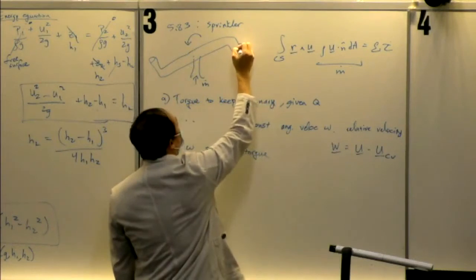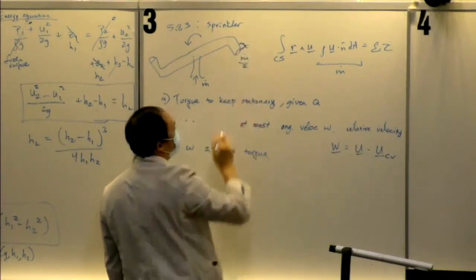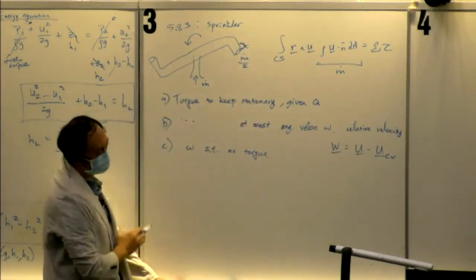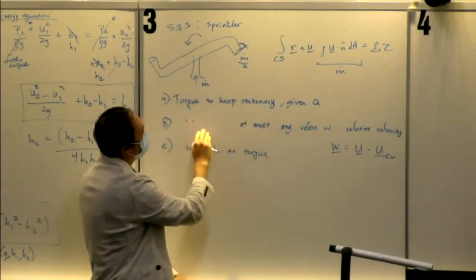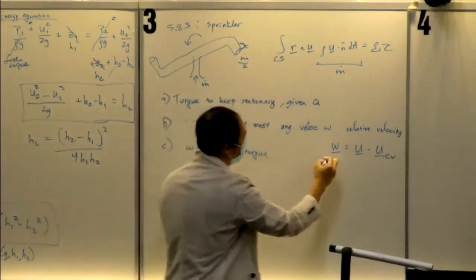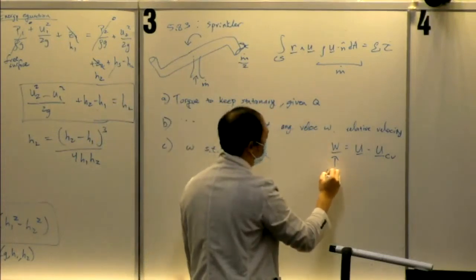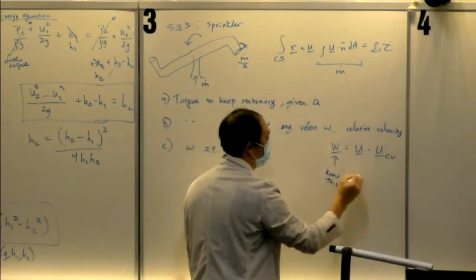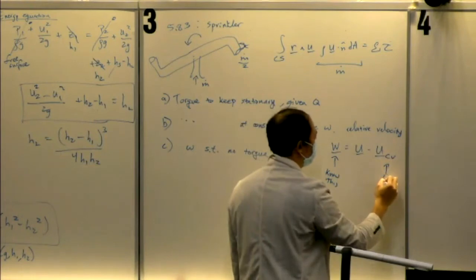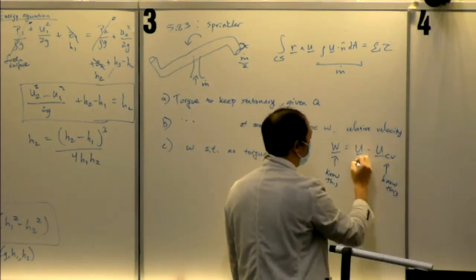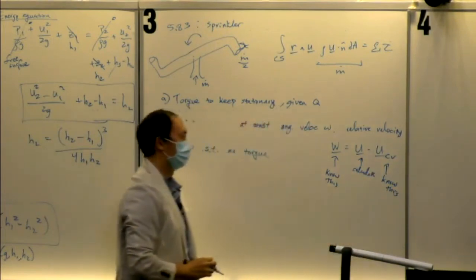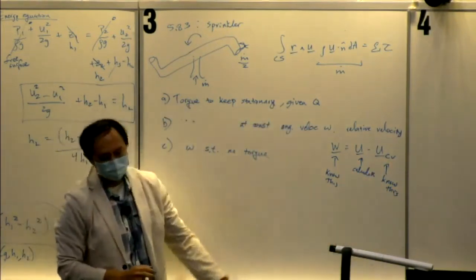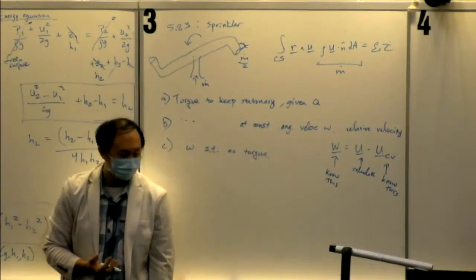If you're like a little ant on this thing, you know W, so you know this, and you're going to be calculating U. For example, UCV is going to be something like R times omega.